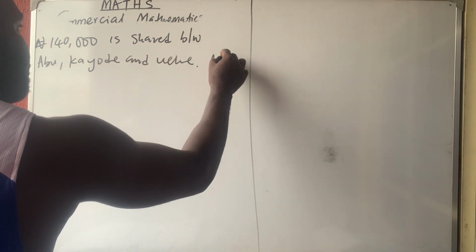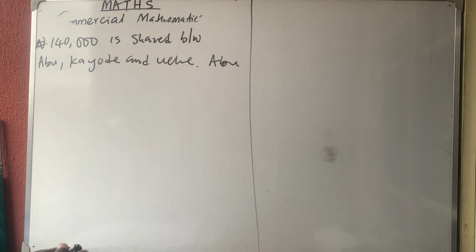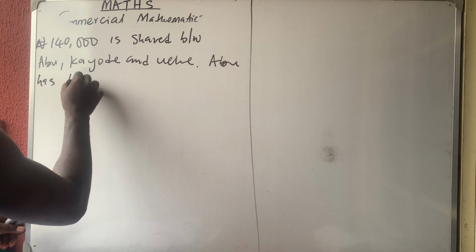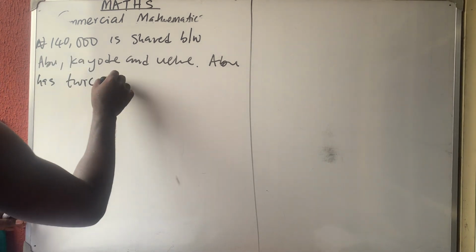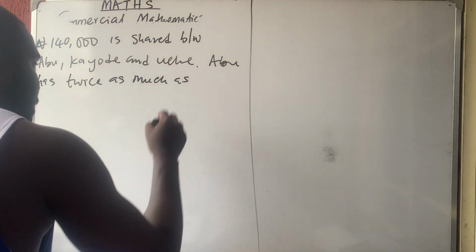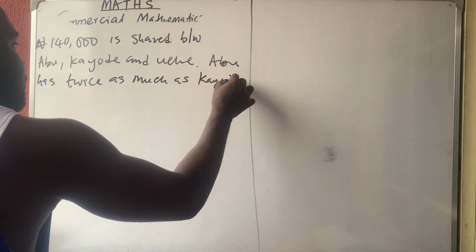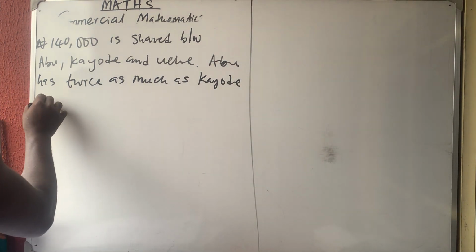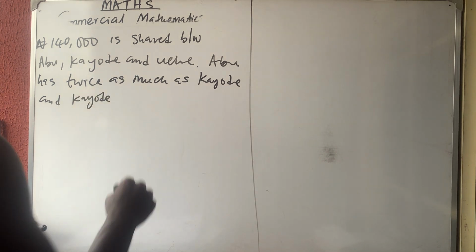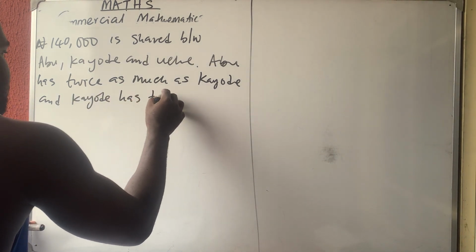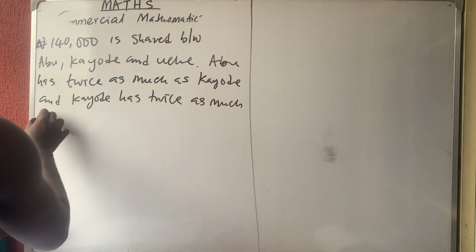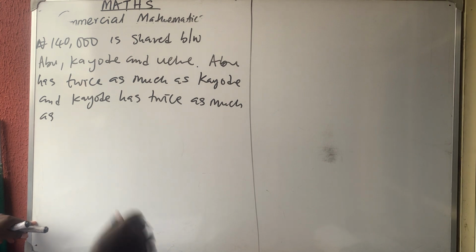Then I say Abu has twice as much as Kayode, and Kayode has twice as much as Uche.